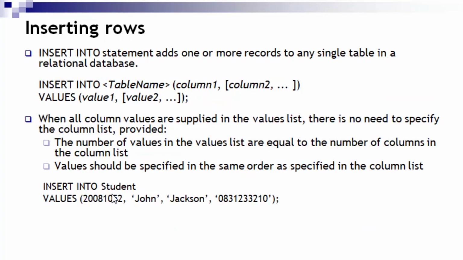Now, what you also will see from this example is that the student number and name was inserted, one with quotes and one without quotes. The reason for this is that the name and surname is character data, and the cell phone number is seen as character data, and the student number is seen as numeric data, and will go into an integer type column also. Okay.